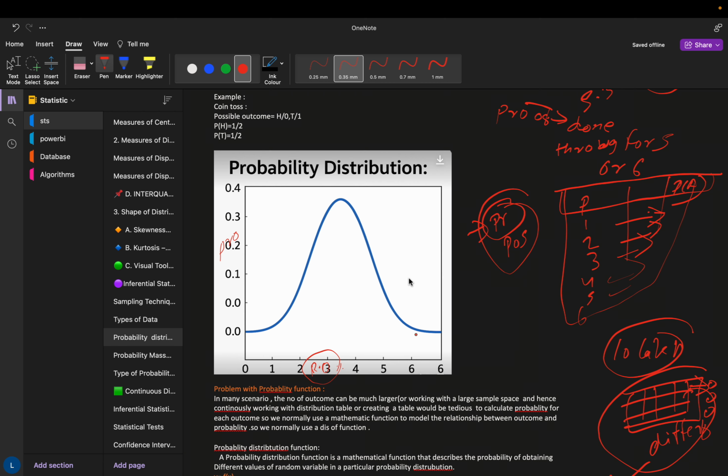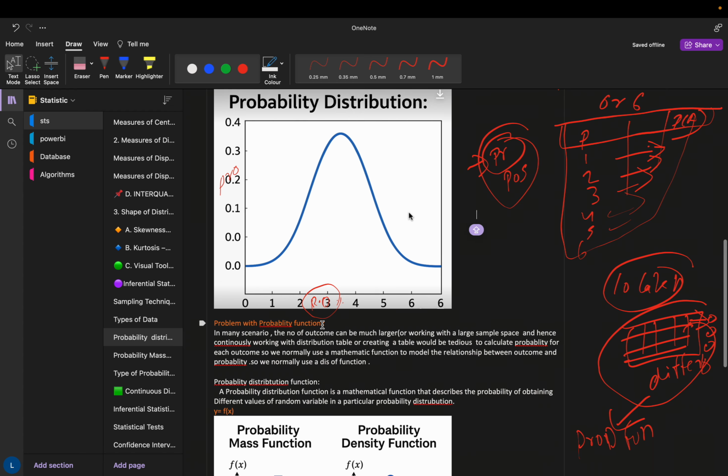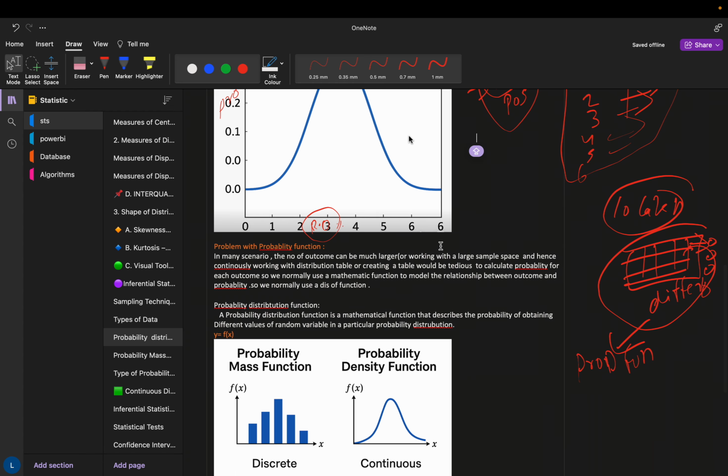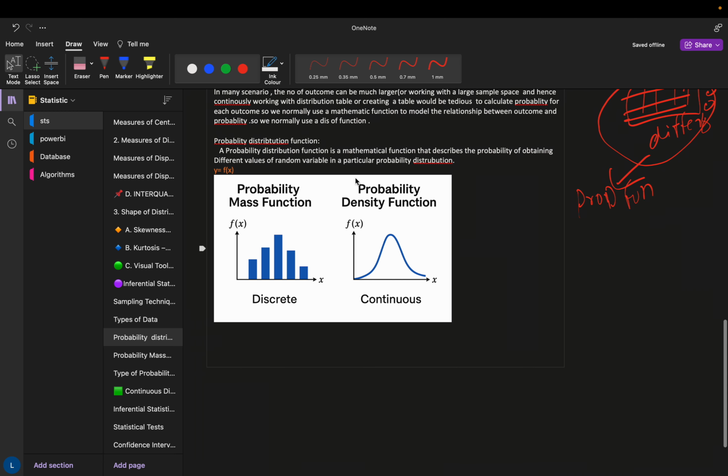But in case of a probability distribution function, when we are working with a large sample space, we use a probability distribution function to find the probability. Probability distribution function is simply a mathematical function that describes the probability of obtaining different values of a random variable in a particular distribution.